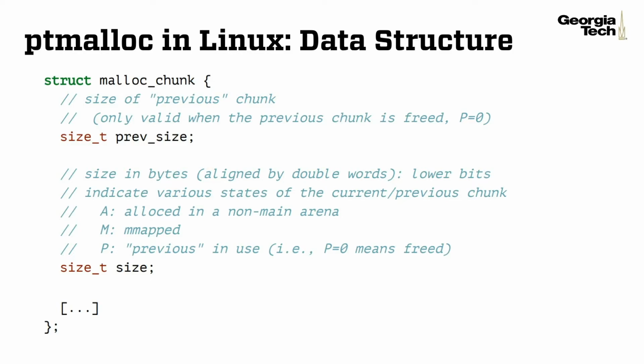Malloc chunk is the structure that represents a heap object and its metadata in ptmalloc. One thing to note here is that other than the size element, there is another interesting element in the struct, previous size. The usage of previous size is very interesting and highlights the way ptmalloc maximizes memory usage.